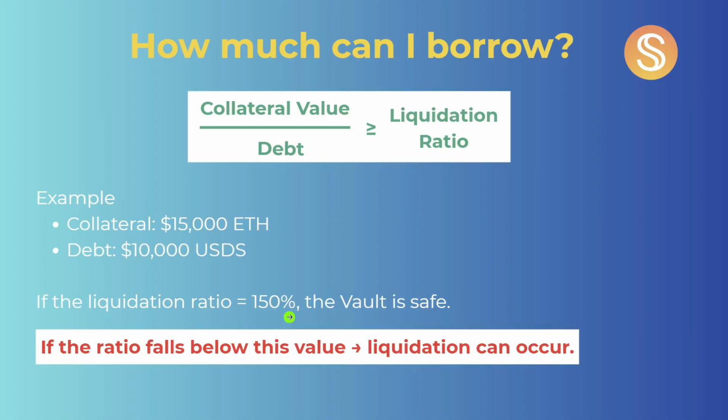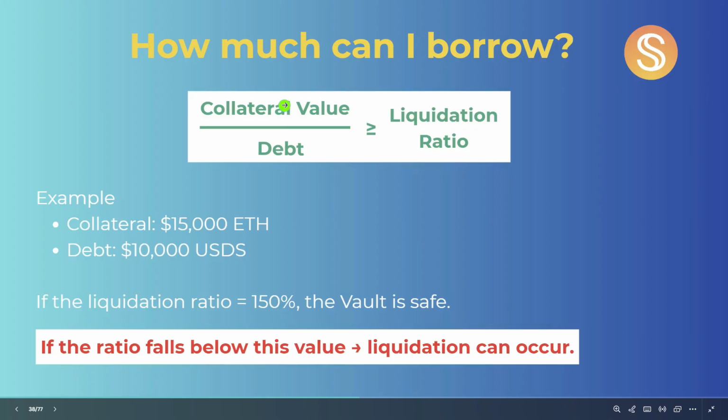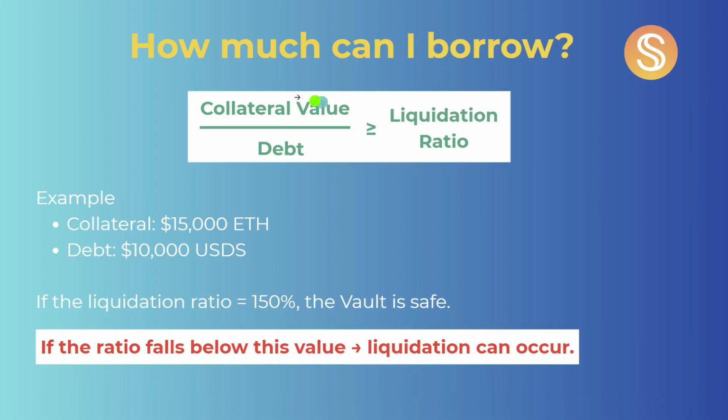Of course, it would be better if we had minted less USDS, so this ratio is higher. If this ratio is, let's say, 180% or 200%, it is better than 150%, because if you go below this value, you are liquidated. So we always want the ratio between the collateral value we provided and the debt to be greater than the liquidation ratio. Otherwise, we will be liquidated and we will lose our collateral.